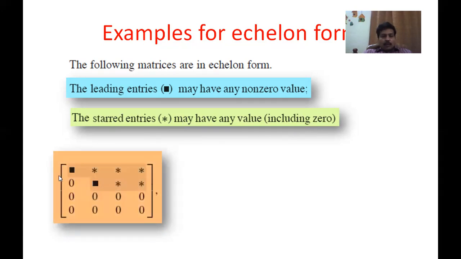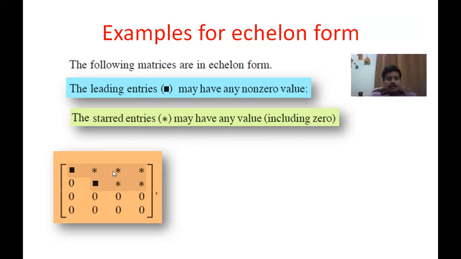So this is an example for echelon form. Here let us see whether all three conditions are satisfied or not. All the zero rows must be below the non-zero rows. Here these two are zero rows, and they are below the non-zero rows.